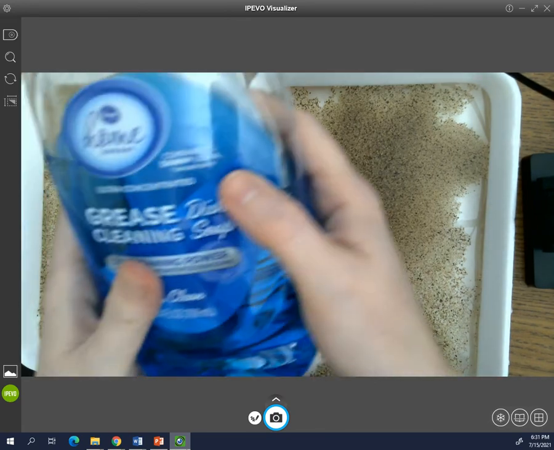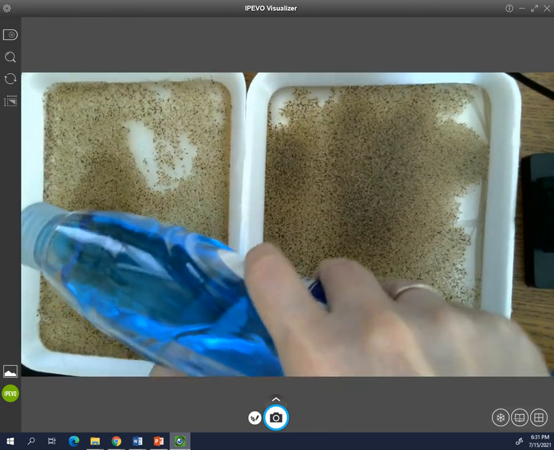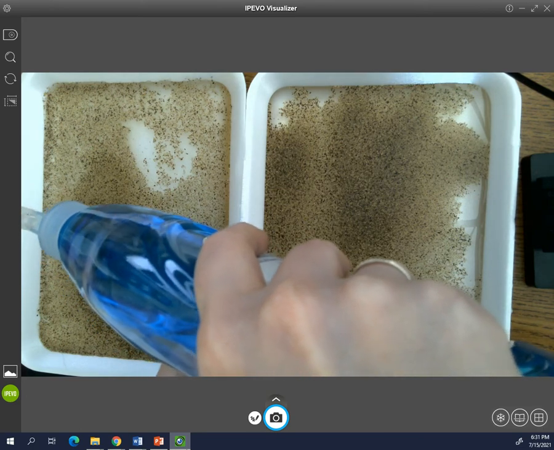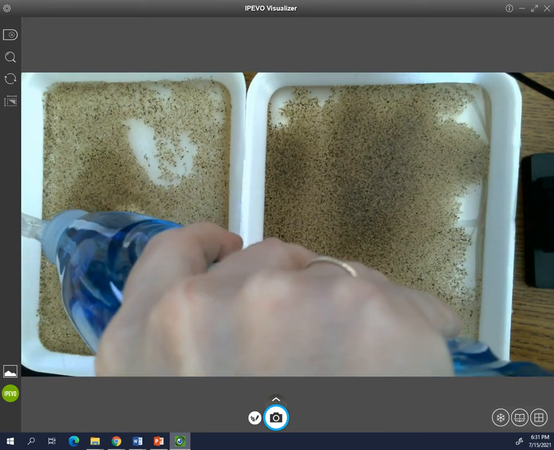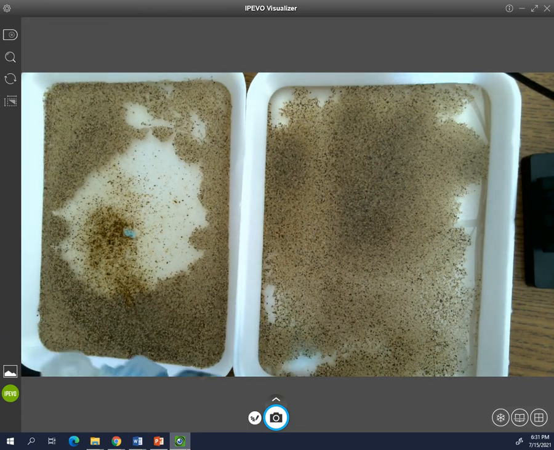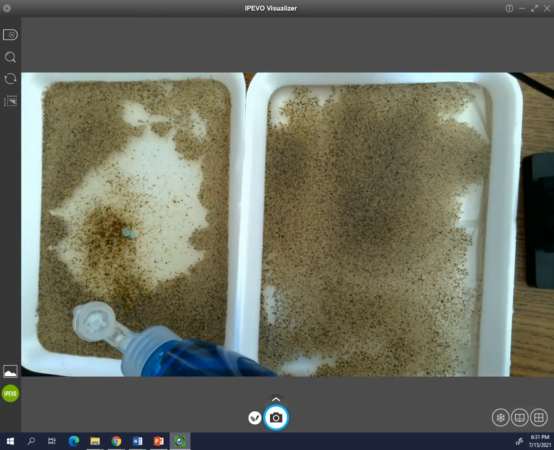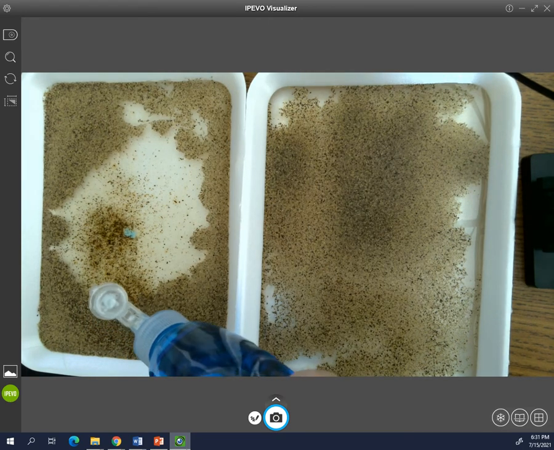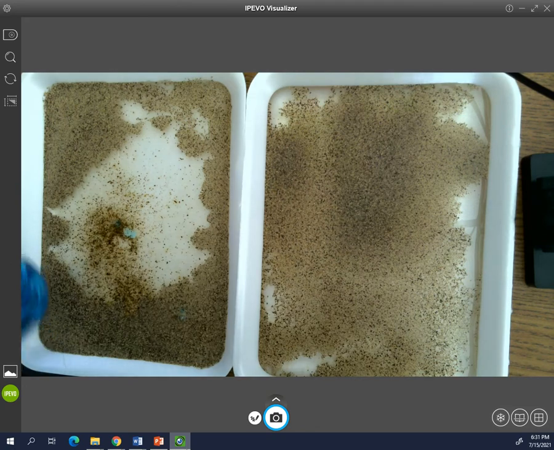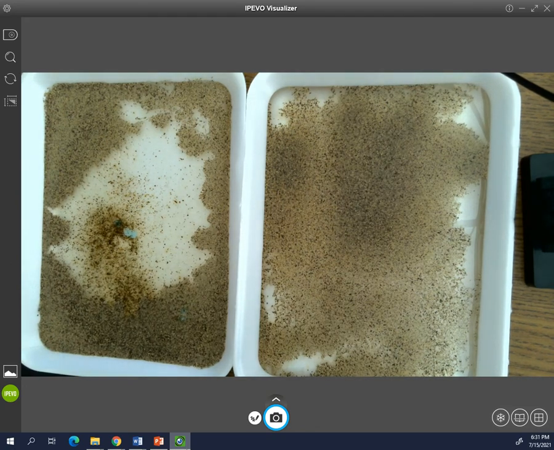Okay, so time for my soap. I'm just going to put in a drop here. Let's see what happens. Okay. I think I put too much in. There's a bunch stuck on the bottom. Okay. There we go. I put a few drops in.